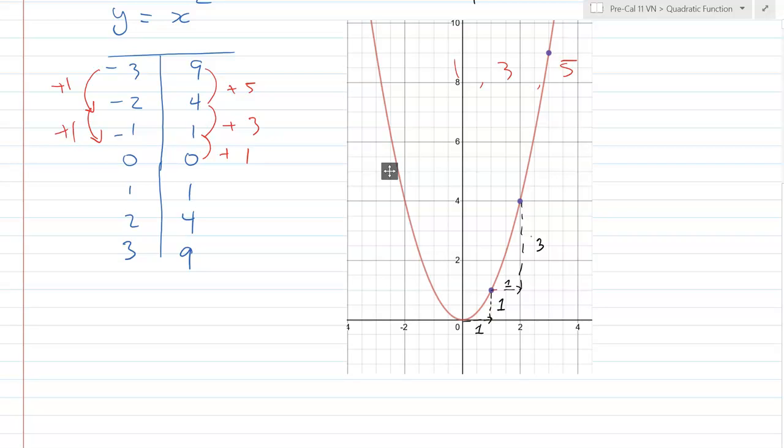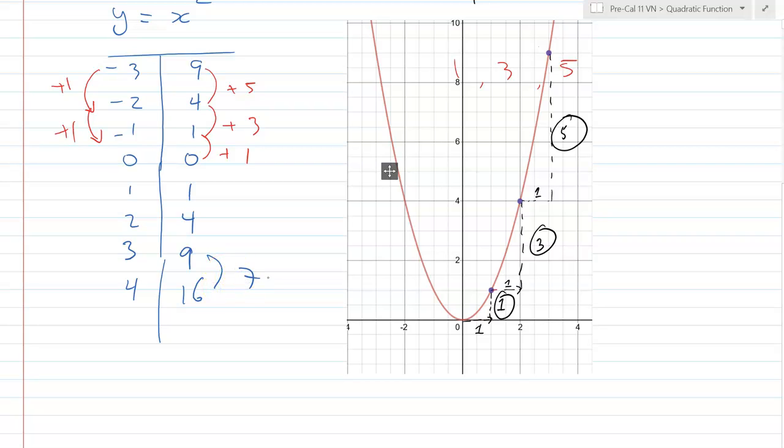The next one, again you go 1 unit over, that's 1 unit for x, but you go up 5 units. So 1, 3, 5, and then the next one will be 7. So if I put in 4, you will end up getting 16, and the difference between 16 and 9 is 7.